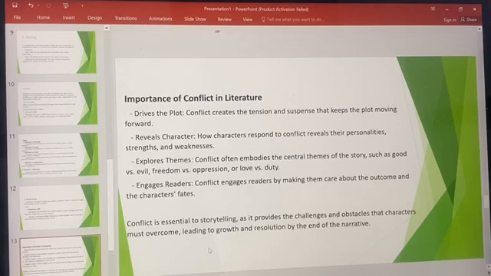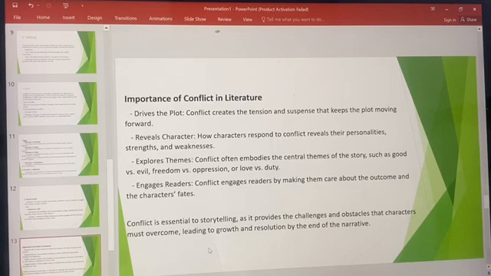How characters respond to conflict reveals their personalities, strengths and weaknesses. It also explores themes. Conflict often embodies the central theme of the story, such as good versus evil, freedom versus oppression, or love versus duty.